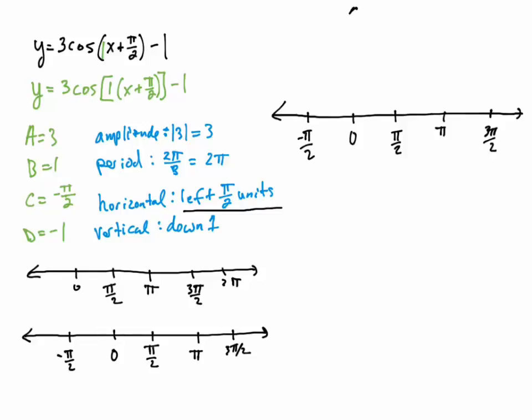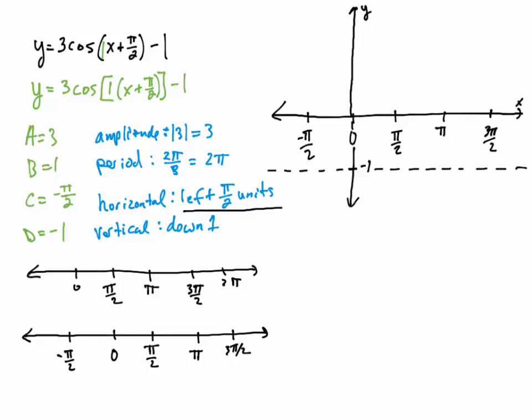So this is the y-axis. So we have x-axis, y-axis. Since we're shifting down 1 unit, at -1, that's going to be the new horizontal axis here. All right, so we have an amplitude of 3.